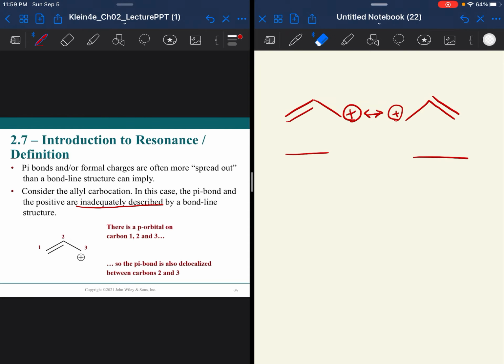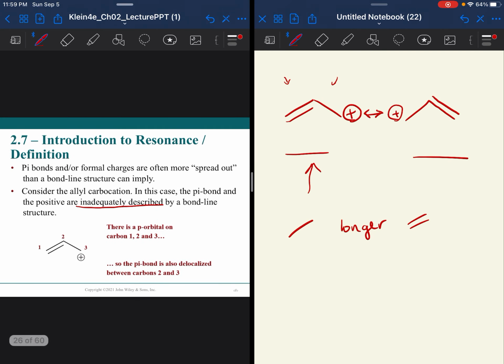Now, how do we know that? Well, for instance, a single bond is longer than a double bond. And so if this structure was accurate, you would expect to have a short bond and a long bond. But in reality, both bonds are the same length, which can be measured. And what's interesting is they're somewhere between a single bond and a double bond.